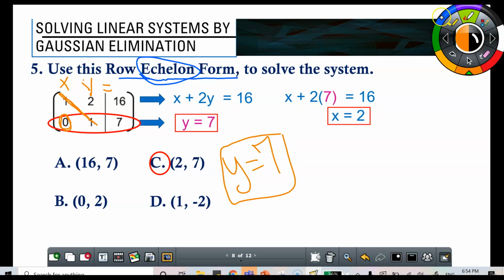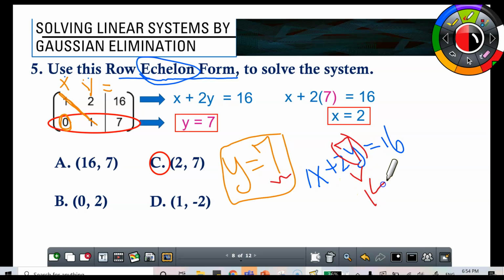But what is your first equation? It is 1x plus 2y equals 16. And you already know y equals 7. So plug 7 in the place of y.